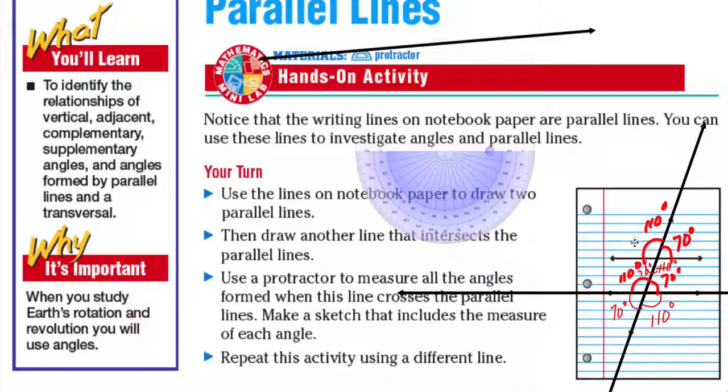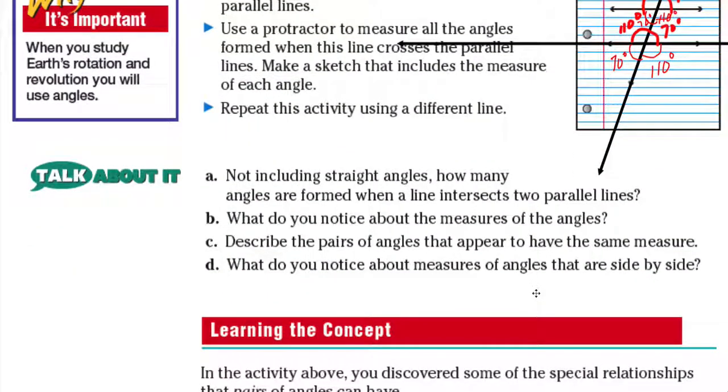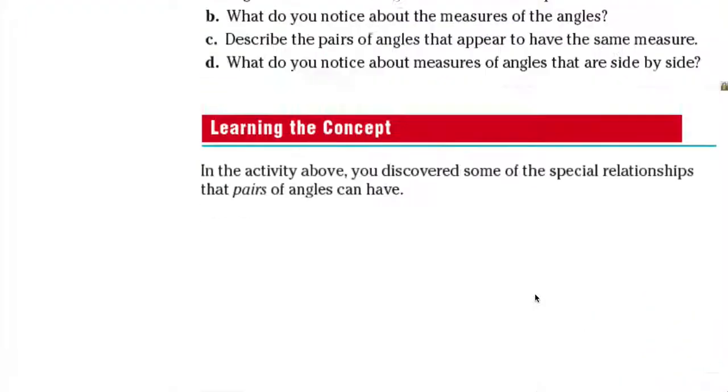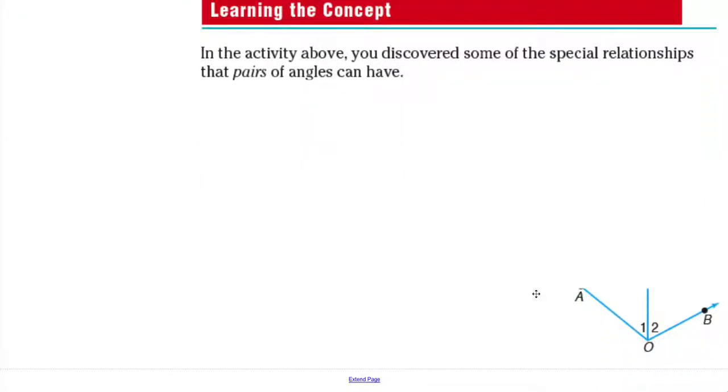Of course they won't be 110 and 70, but they would total the sum of 180 degrees. So knowing what we did there in the activity, let's learn the concept.